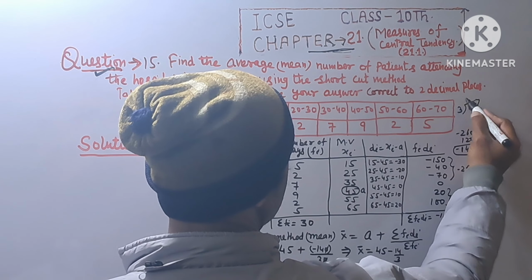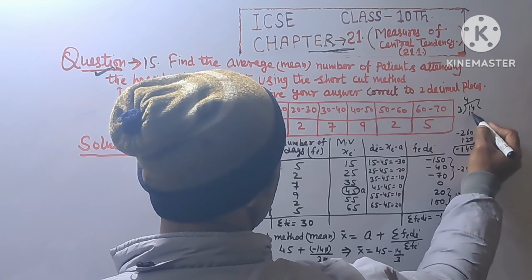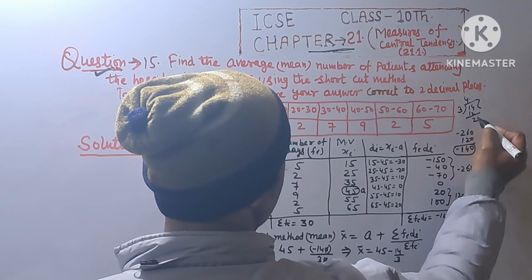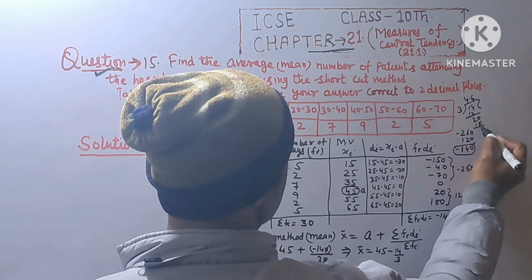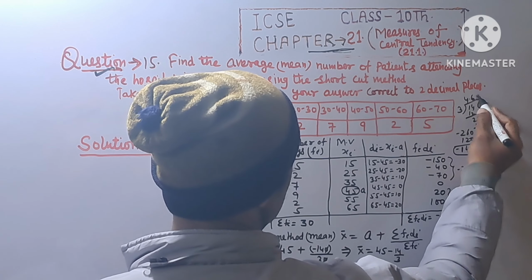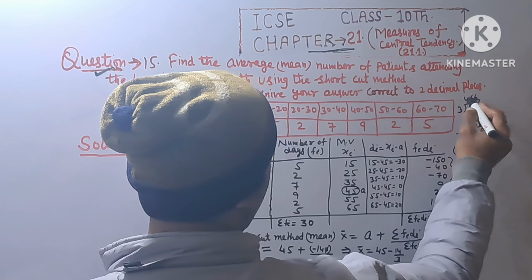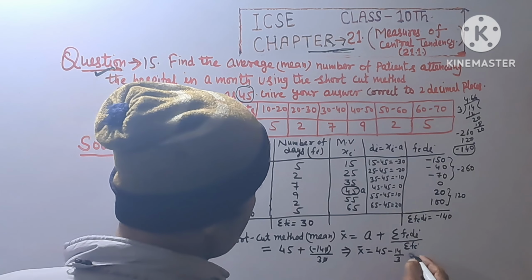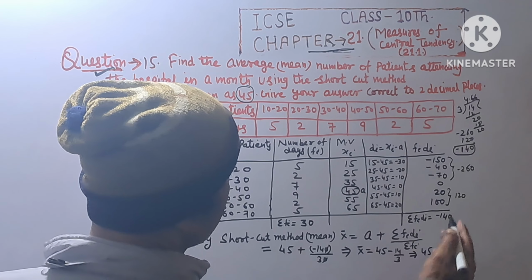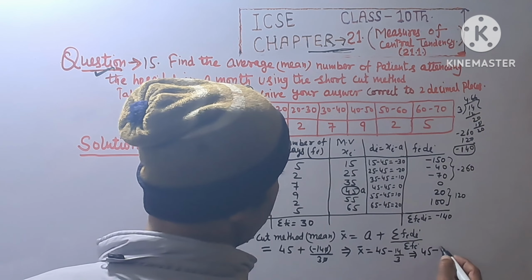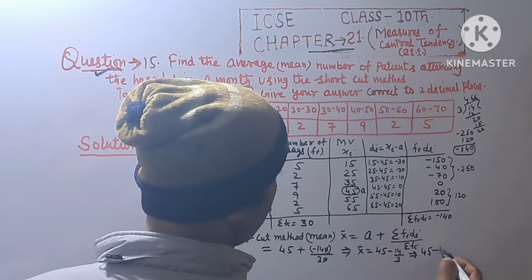14 divided by 3. 3 4s are 12, remainder 2, 3 6s are 18, then 2, 0, 6 6 6 6 approximate value, which implies 45 minus 4.67.